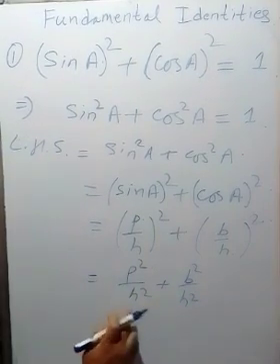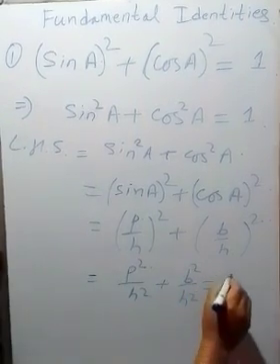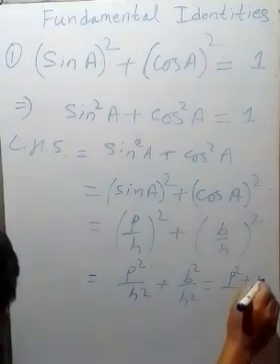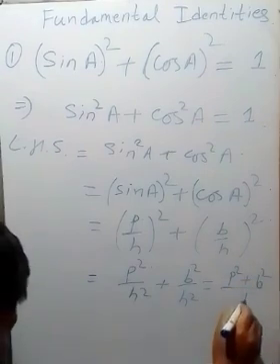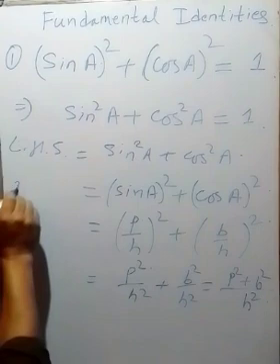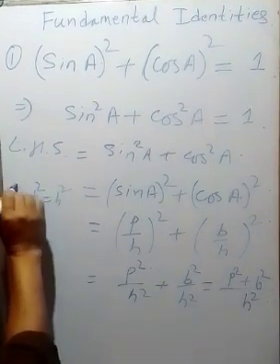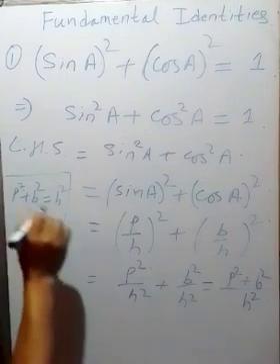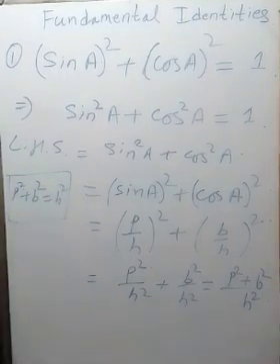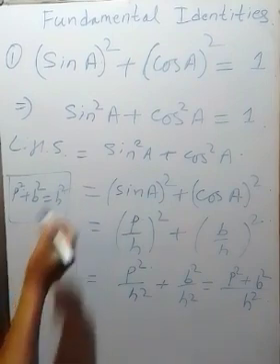Now in denominator, H square and H square. You can write it in this way in single form. P square plus B square divided by H square. From our Pythagoras theorem, we know that P square plus B square is equal to H square. From Pythagoras, if the triangle is a right angle triangle, then square of perpendicular plus square of base will be equal to square of hypotenuse.